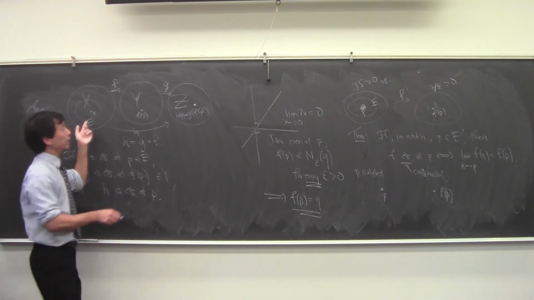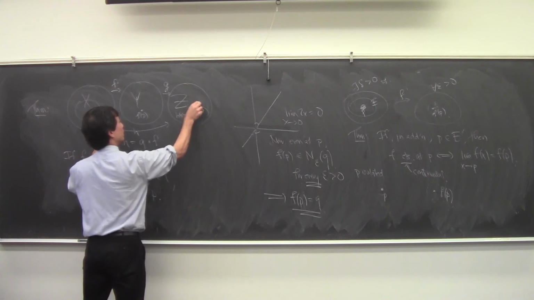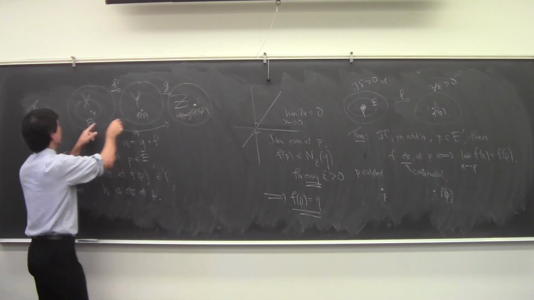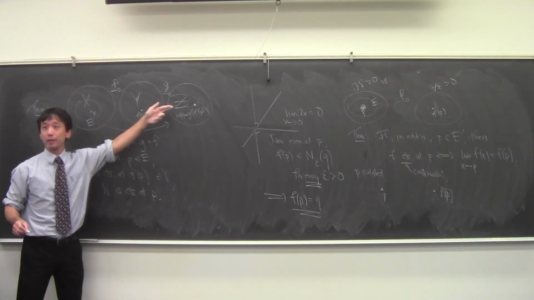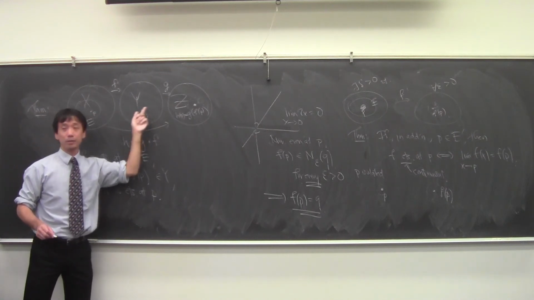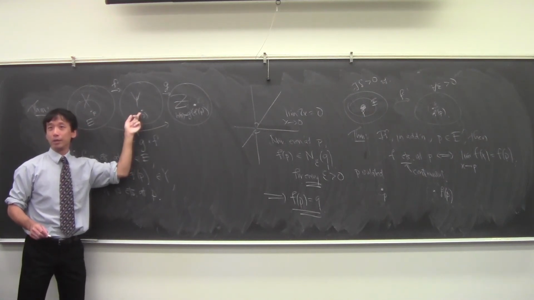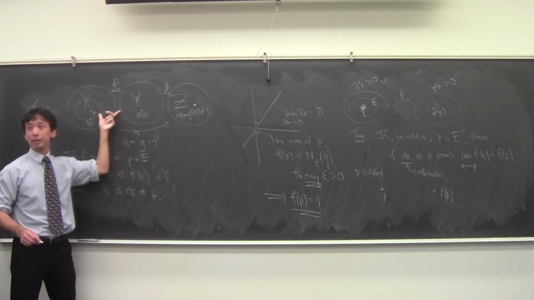We want to show that if you have any tolerance around H of P, then there's some neighborhood around P that H maps into that. But we know each of these steps has that property, so we just use each of them in succession.